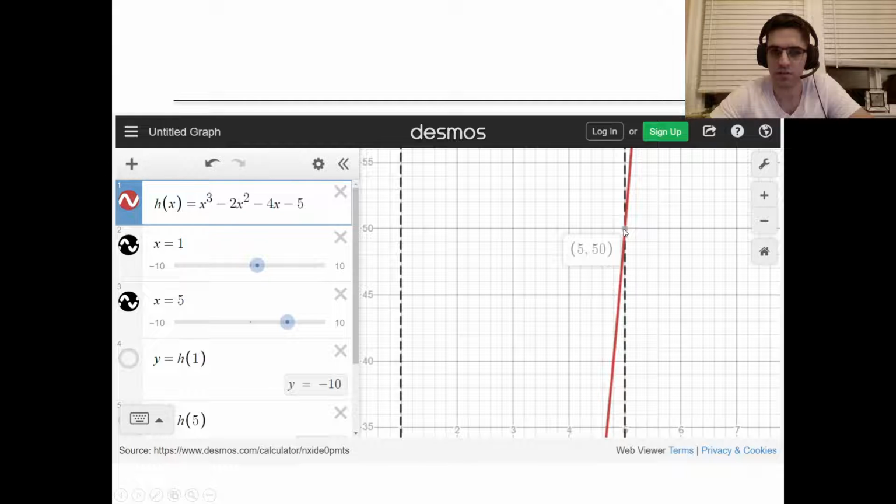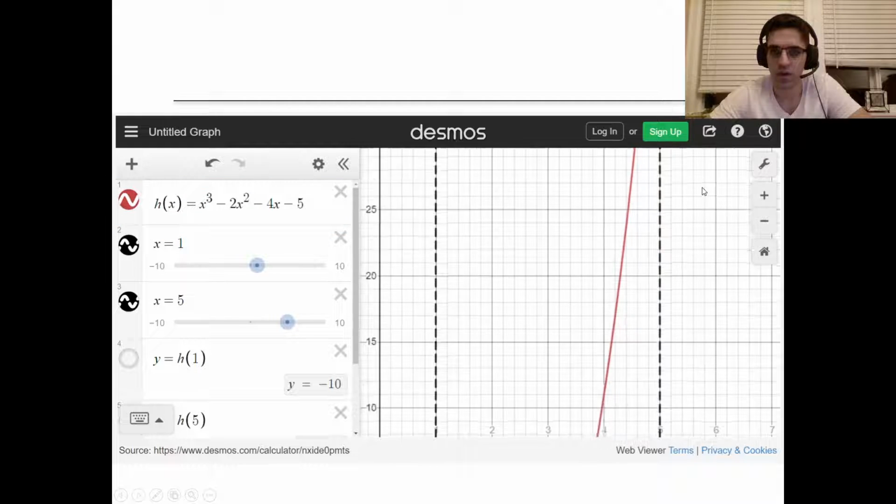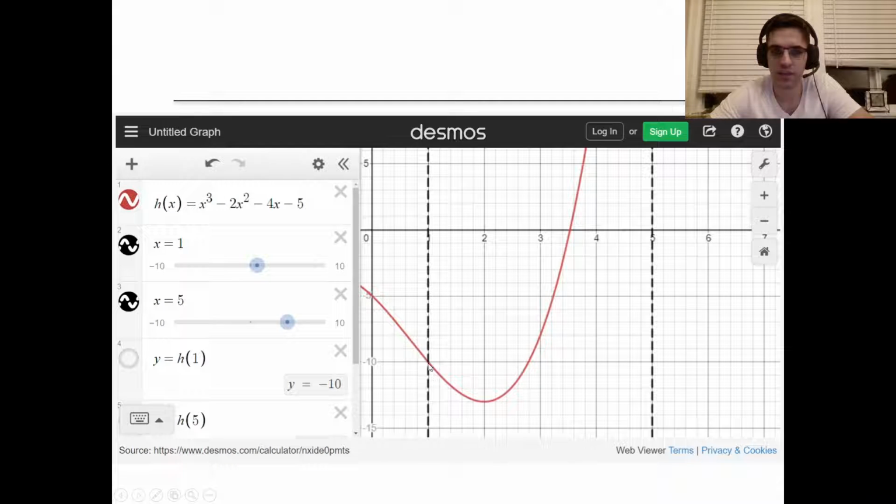For our line to go from negative 10 up to 50, at some point we have to cross 0. So that's right here. Our c value would be 3.533. So yes, there is some value c such that f of c equals 0, or h of c equals 0. That c value is 3.533.